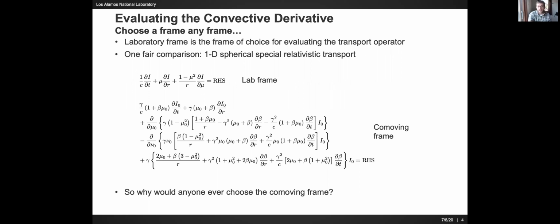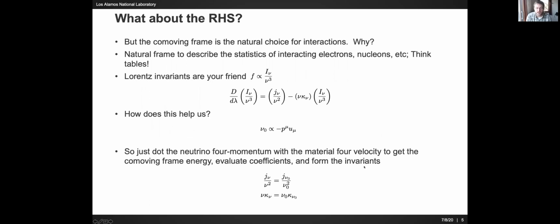So I wrote these two down because I also wanted to make another point. This is the lab frame and the co-moving frame, and you might ask, why the heck did I bother writing down the co-moving frame equation? Because it's disgusting. It's because I left the right-hand side here completely unspecified, and it turns out you really want to be working in the co-moving frame for the right-hand side. I'm not going to dwell on this either, but suffice it to say that's the natural frame to consider the interactions.